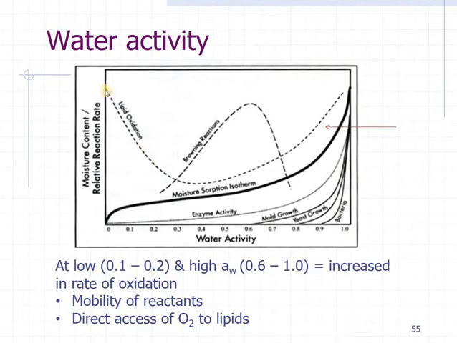Lipid oxidation at low water activity is quite high, and then decreases as the water activity increases, plateauing, and then it increases again. The reason is that at low water activities, between 0.1 and 0.2, and at high water activities, especially between 0.6 and 1, the rate of reaction is increased. Lipid oxidation rates are increasing.